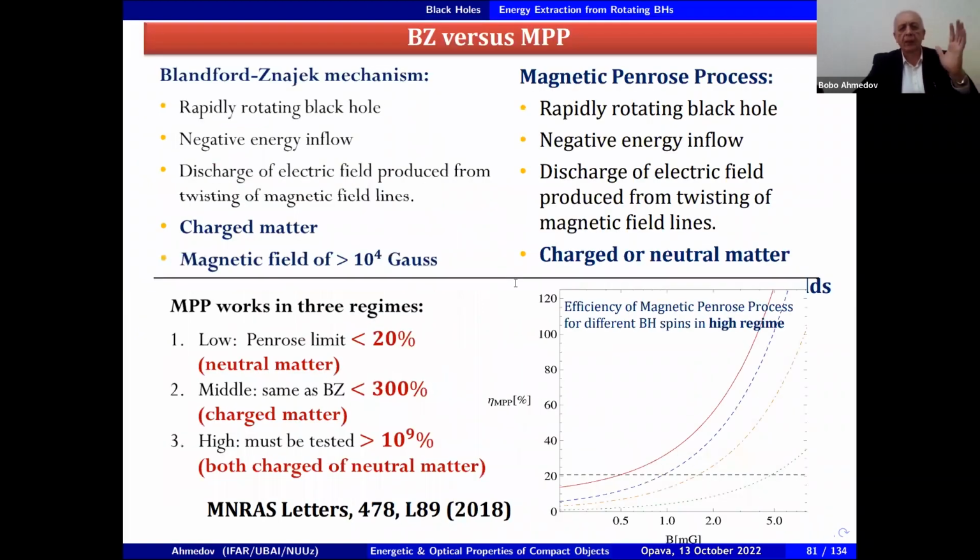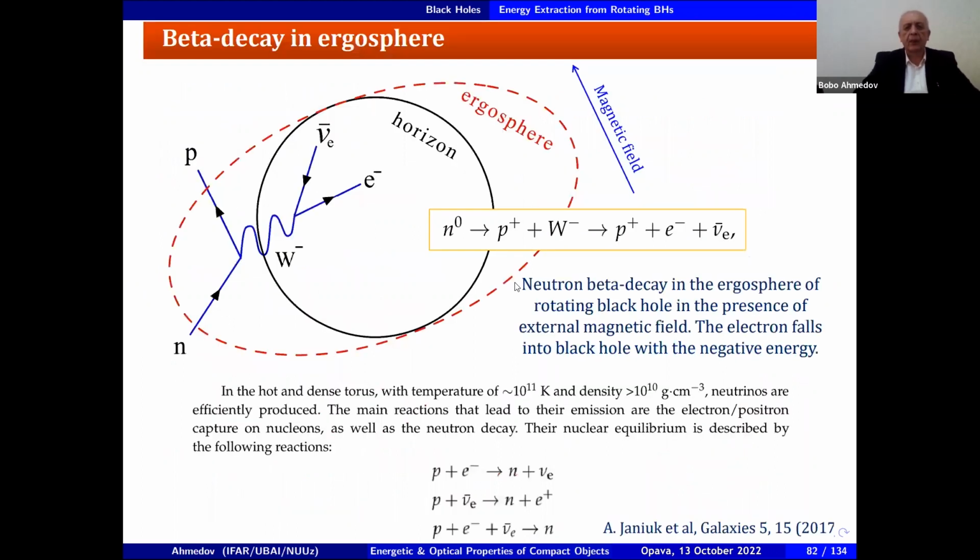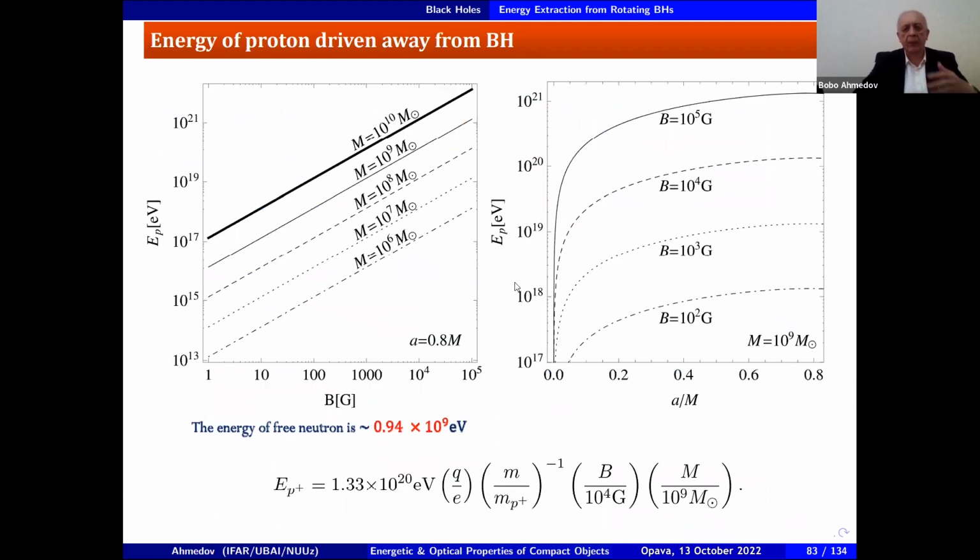And the other part, as I said, is related to the energetic properties of the black holes, which can be related to, for example, the classical Penrose process. The cross section for the classical Penrose process was very low.